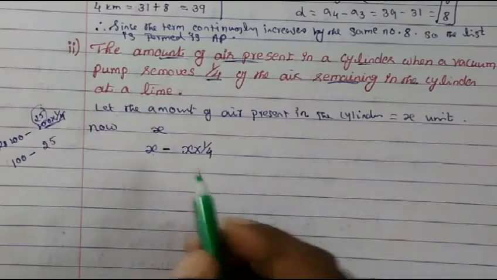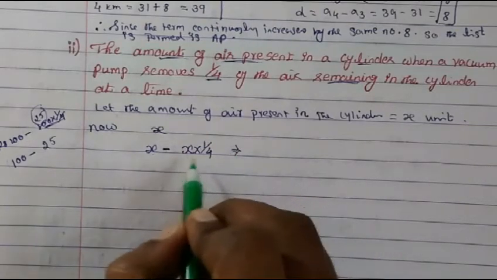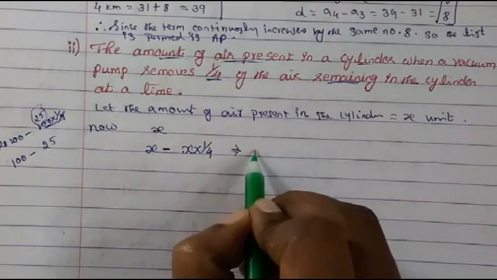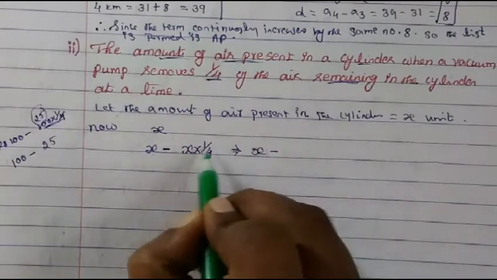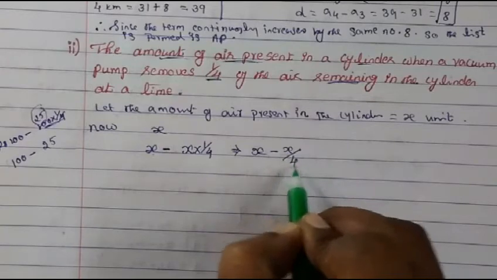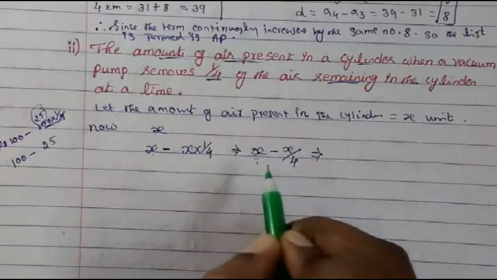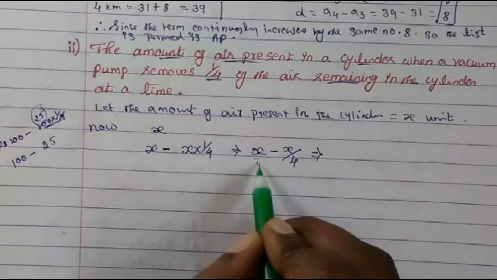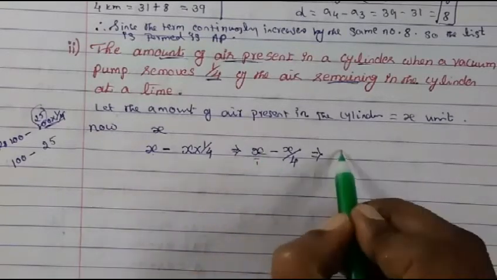So when we calculate this, what will we get? X minus X upon 4. Here in the denominator we don't have anything, so we consider that there is 1. When we want 4 in the denominator, we multiply both sides with 4.